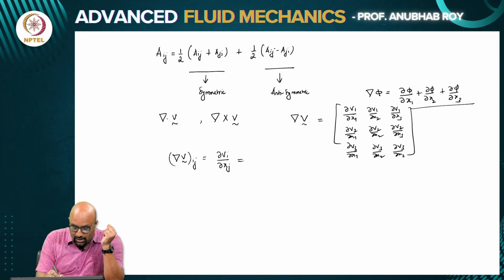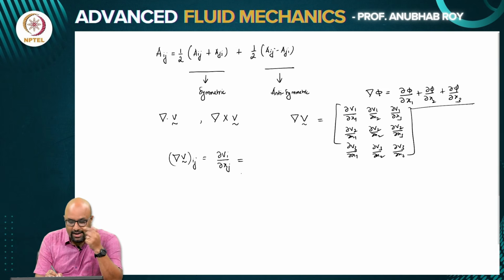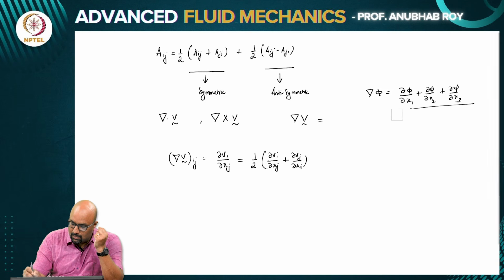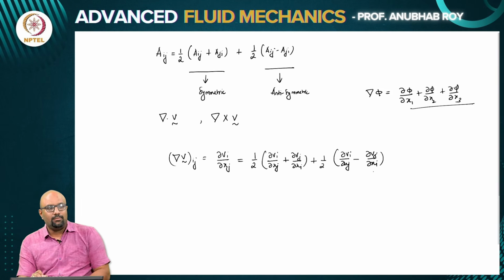Now what I can do here, because this is arbitrarily not necessarily symmetric or antisymmetric, I can write this as half ∂vi/∂xj plus ∂vj/∂xi, and then ∂vi/∂xj and ∂vj/∂xi.